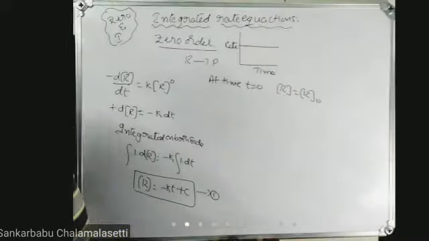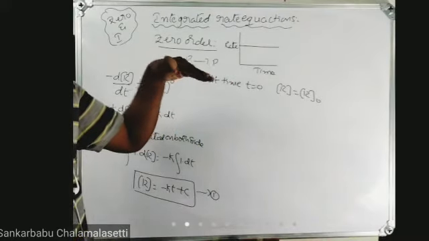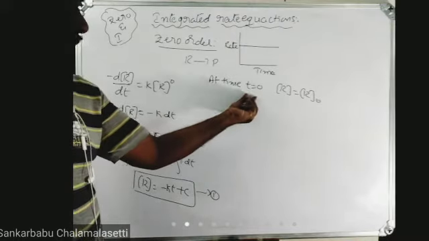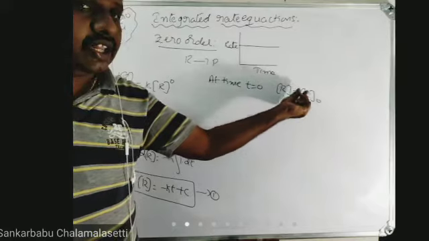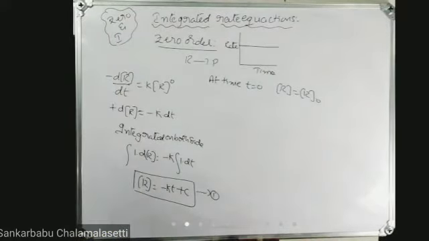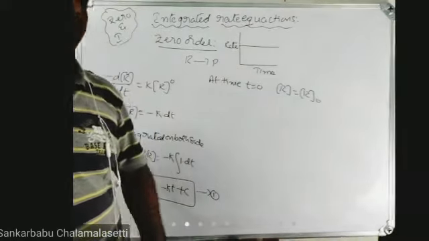That is correct, because time t equal to 0 means the reaction is at the starting time. The reaction has not started yet. Whatever concentration is there at that time, we take as the initial concentration. That is called initial concentration, where R naught is the initial concentration.